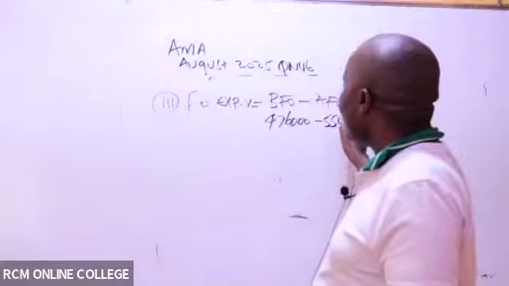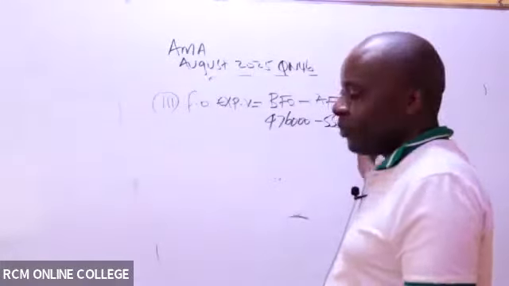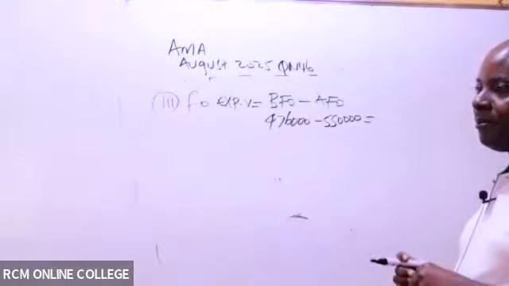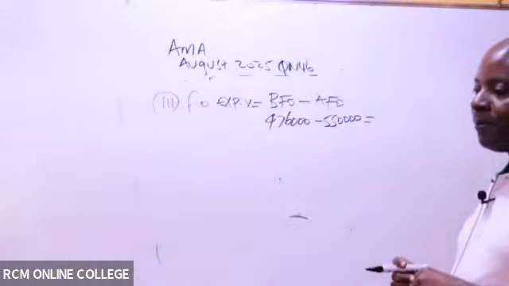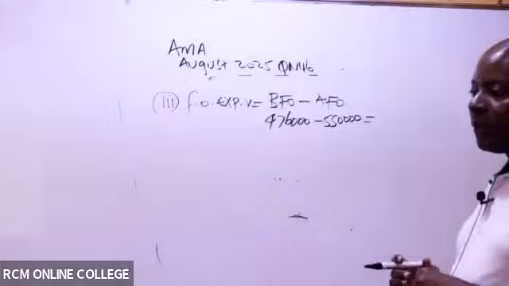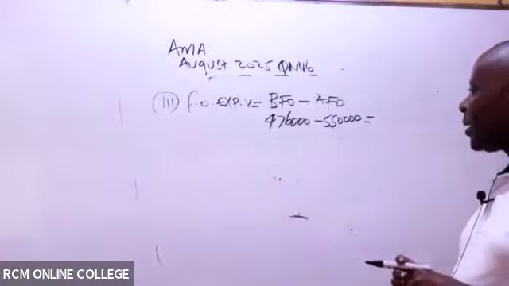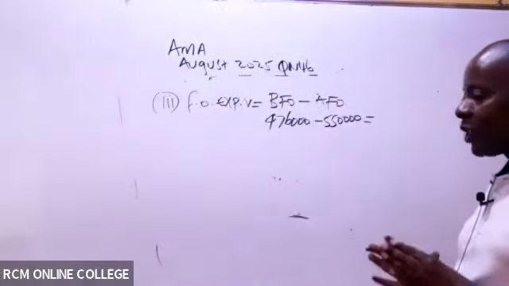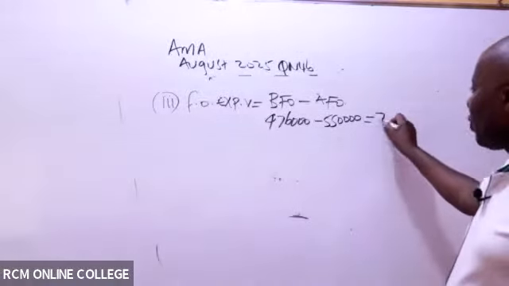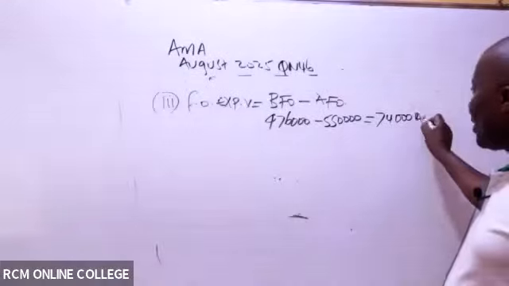Ordinarily, this is what I would have done. Please give me an answer here. Budgeted minus actual gives me 74,000 adverse, isn't it?